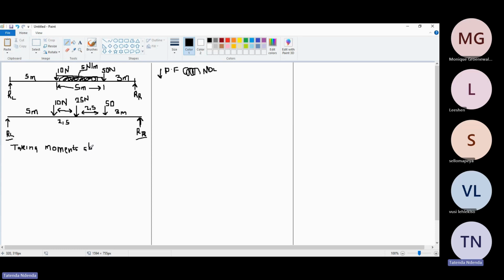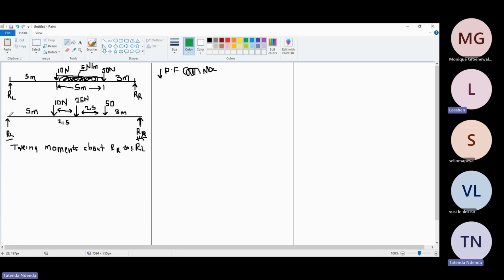about RR to calculate RL, meaning that our RR now becomes our fixed point, right? So if RR becomes the fixed point, everything has to go to what? To RR.